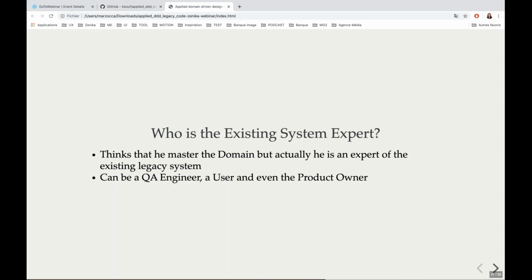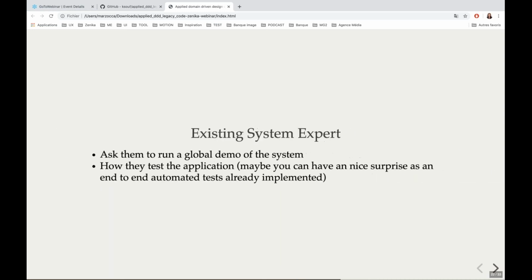So what we will ask him is to run a global demo of the system so we can understand how it should work and all the stuff. And maybe to ask them also how they test the application. If it is manual, we are unlucky, but sometimes they automate a few tests.